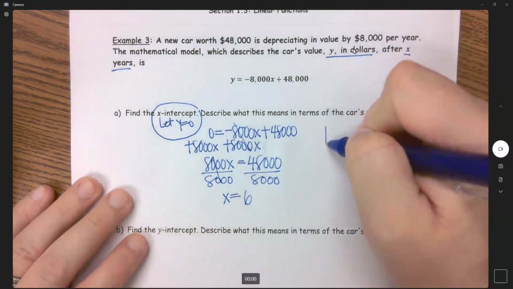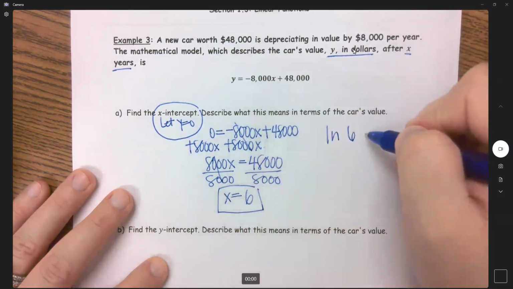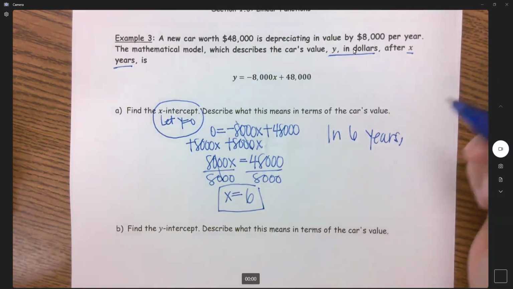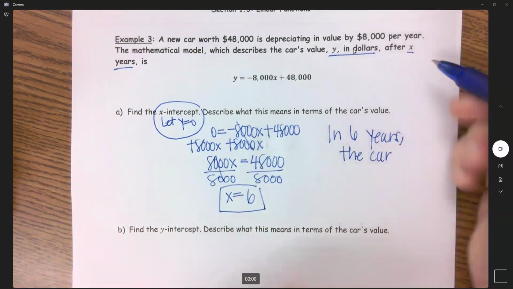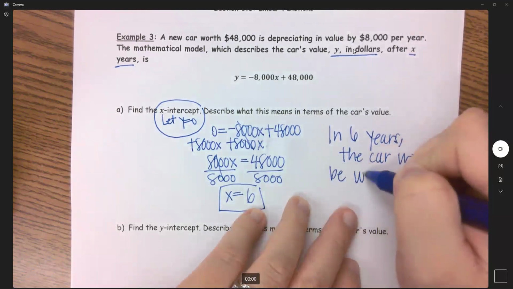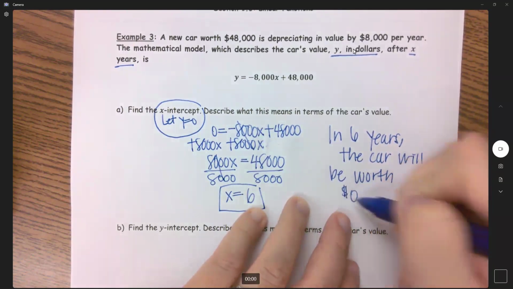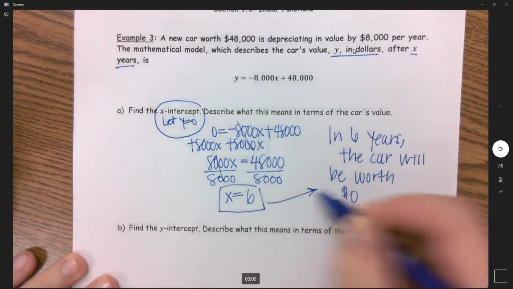So in 6 years, the car will be worth nothing or $0. And that is what that means.